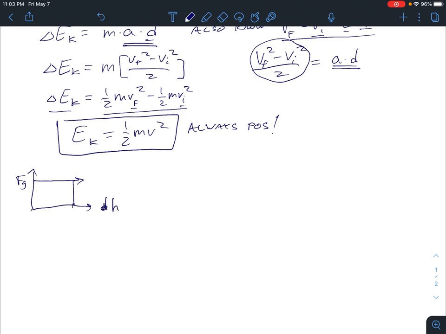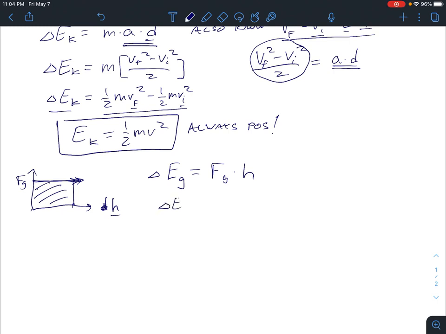So it's changing height here, and then the change in its gravitational potential energy would be equal to the area of this, and since the force of gravity is constant, that's just force of gravity times, and we're not going to call it distance here, we're going to call it height, because that's what matters for gravity, the up-down direction.